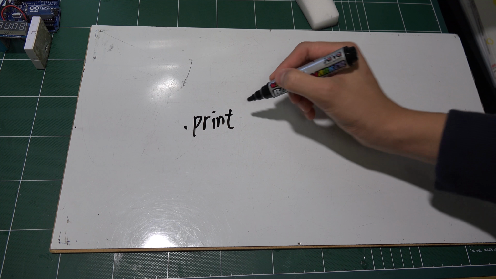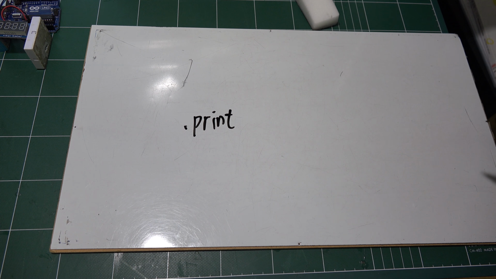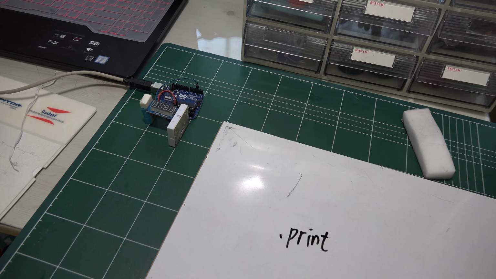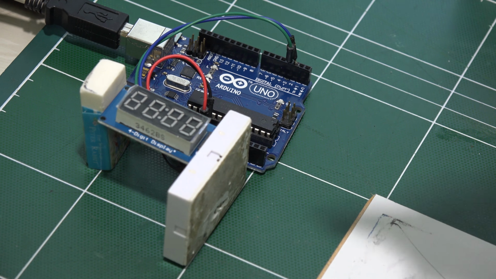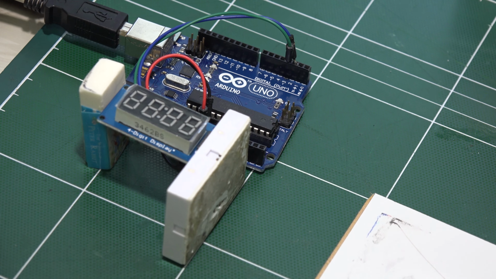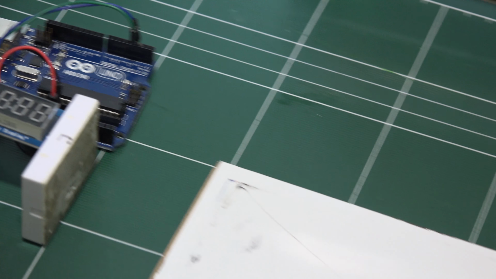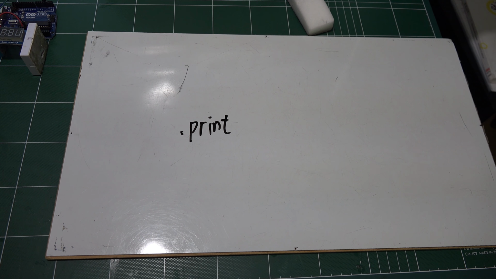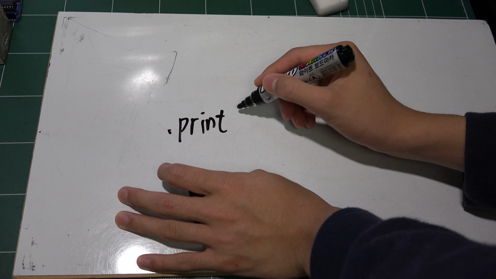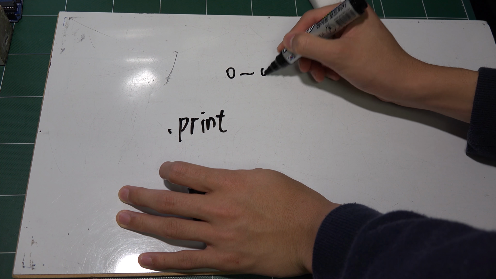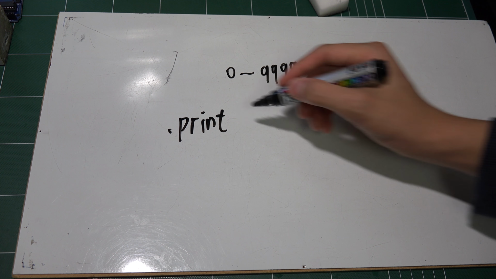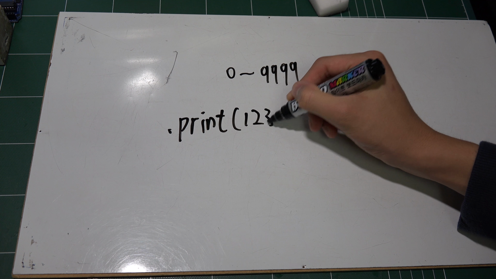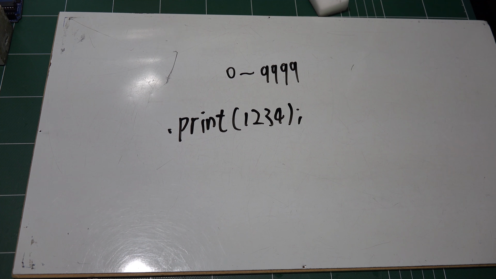If you're writing a number, as you can see on this board, there are only 4 segments here, so you can write only 4 digits, from 0 to 9,999. So I will just write 1, 2, 3, 4 like this.